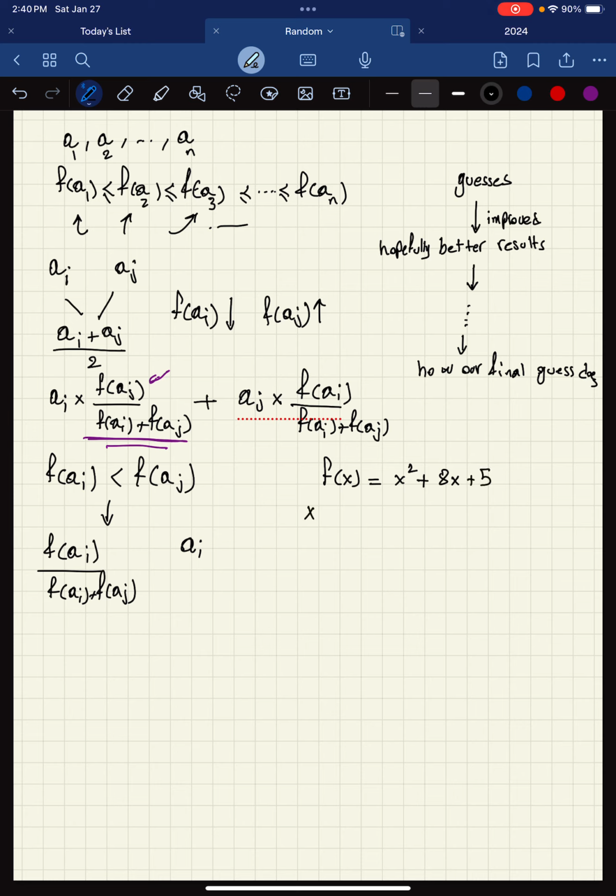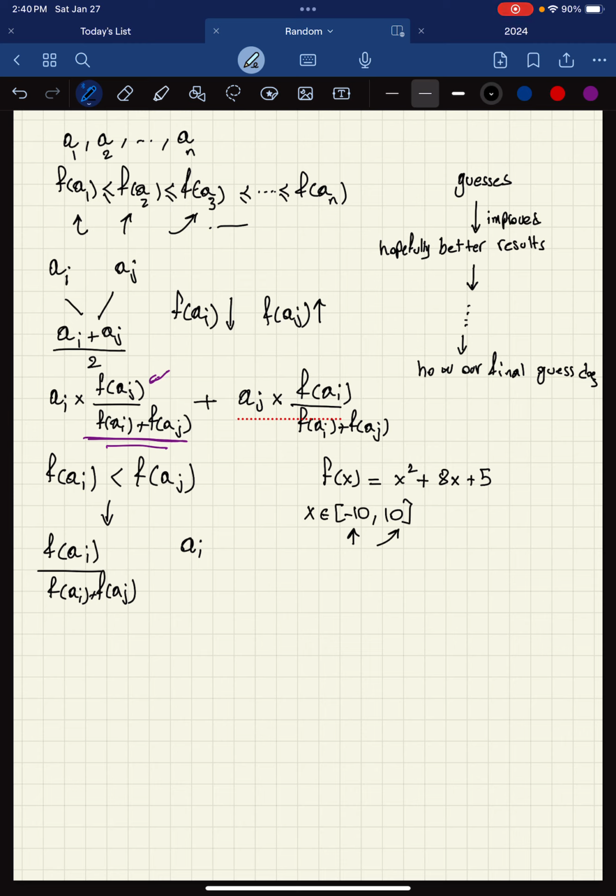So if we pick numbers from minus 10 to 10, or this range could be smaller if you know more details about the problem, or bigger if you don't know that much about the problem. But in general, you want your range to be as small as possible because you're going to generate numbers in that area.